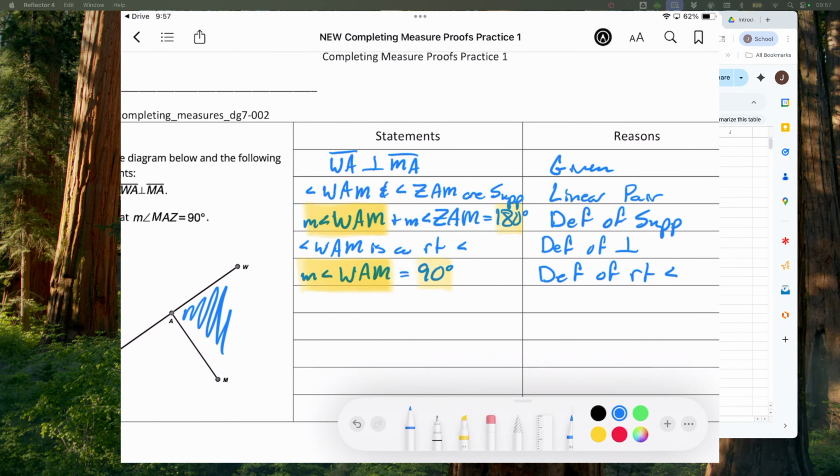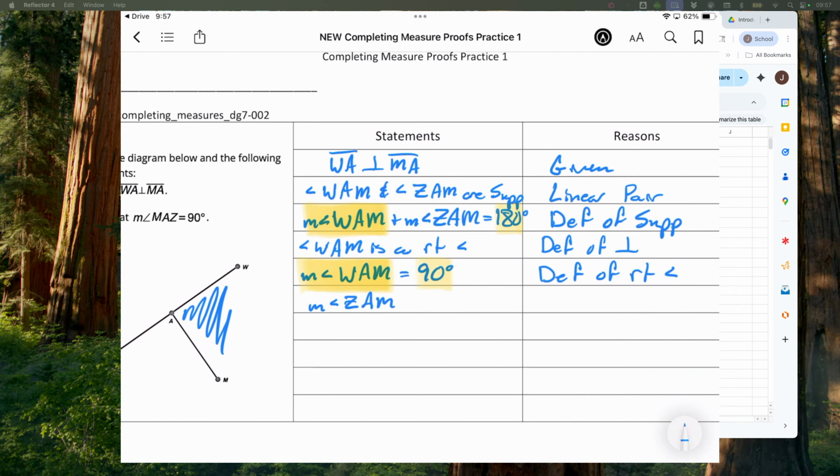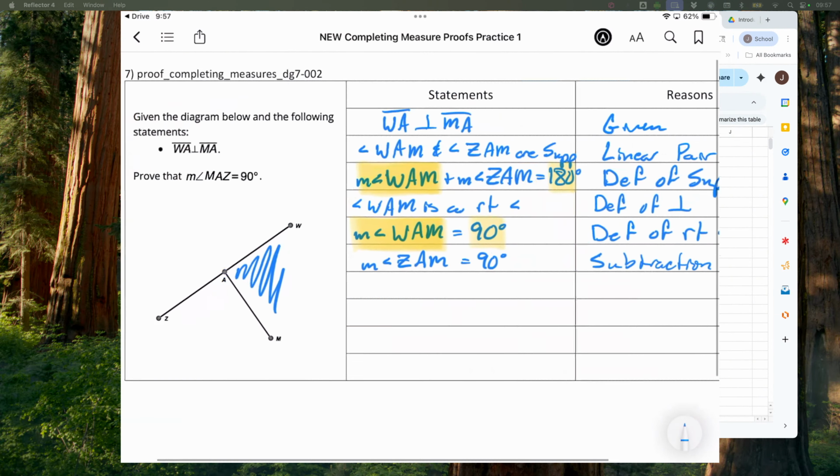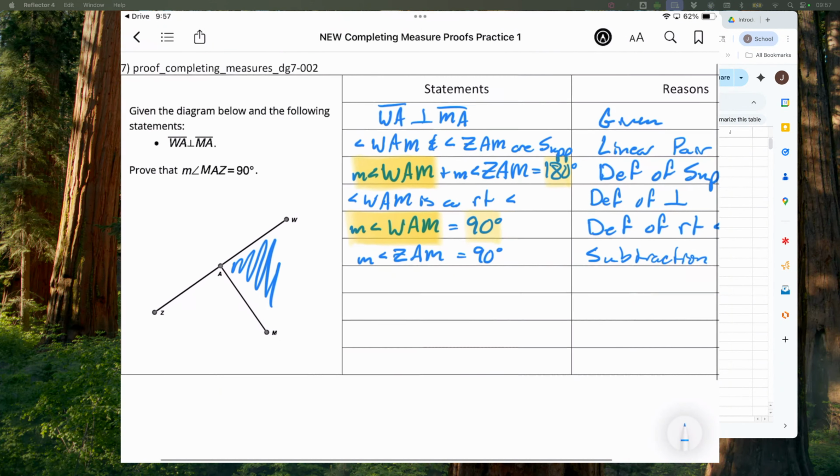So because of subtraction, we would get the measure of angle ZAM is equal to 90 degrees because of subtraction. And that's actually ZAM and MAZ are the same angle, it's just said backwards. And that's it.